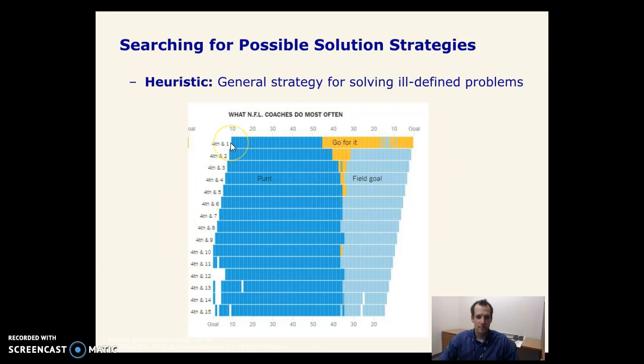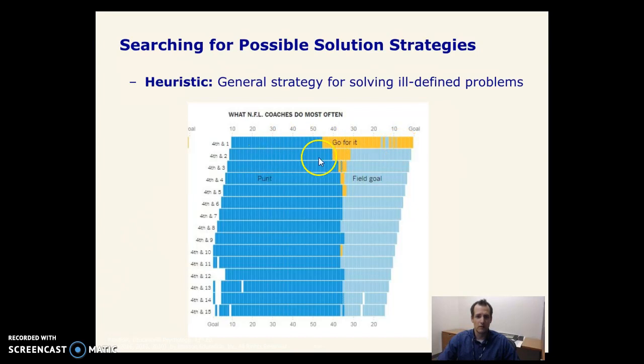If you have 1 to go and you're on the 50-yard line, what this says is normally what they would do is punt. It seems like they have a pretty simple heuristic that NFL coaches generally use, but if they're on the other side of the 50 and it's only 4th and 1, they'll go for it most of the time.